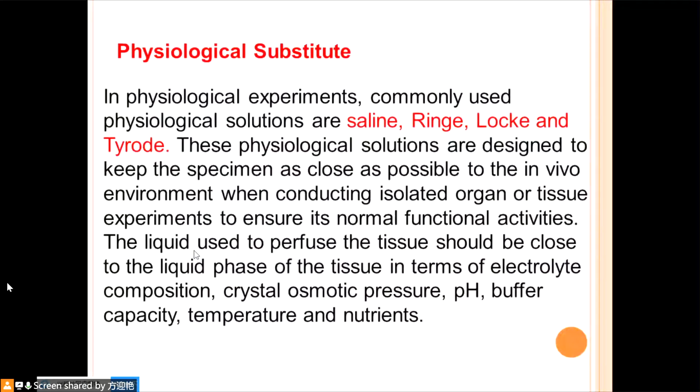The liquid used to perfuse the tissue should be close to the body fluid in terms of electrolyte composition, crystal osmotic pressure, pH, buffer characteristics, temperature and nutrition. We also call this Tyrode's solution, the animal's physiological substitute fluid.